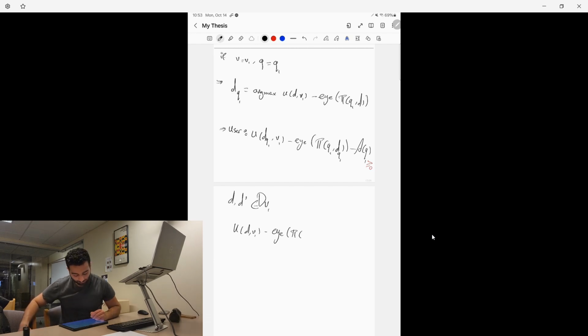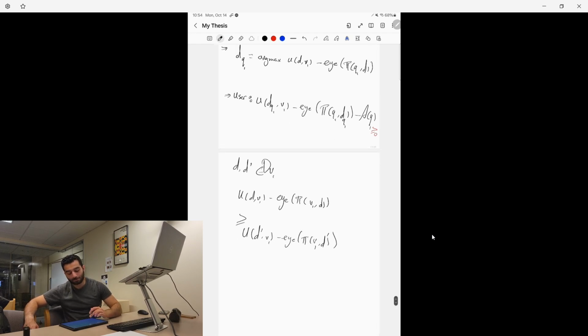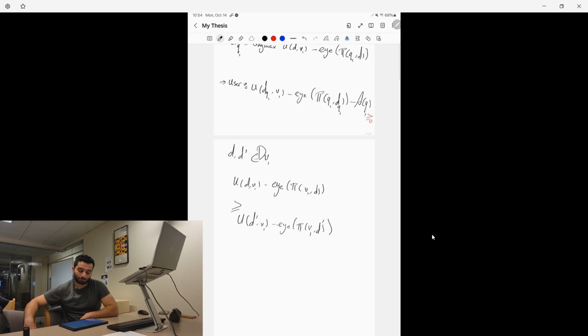If you have a good ranking, eyeballing cost of V1 and D, this is better than U of D prime, V1 minus eyeballing cost of pi V2 and D, V1 and D prime, and assume they're all positive.